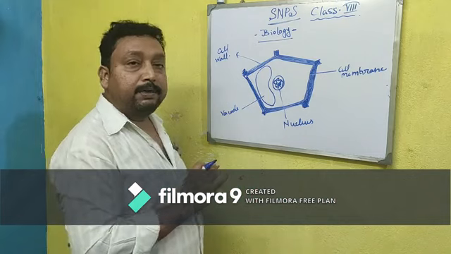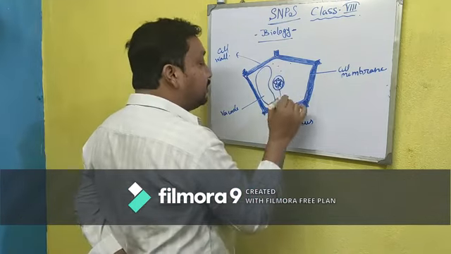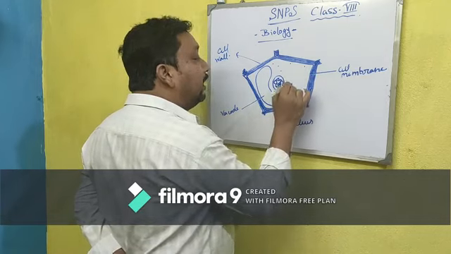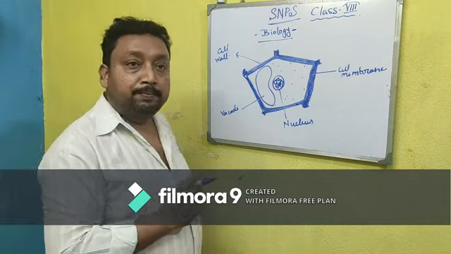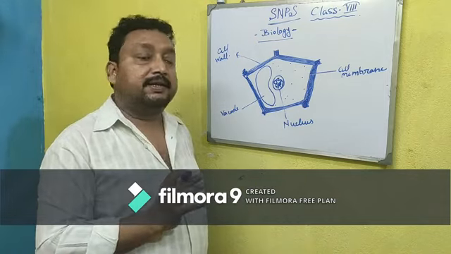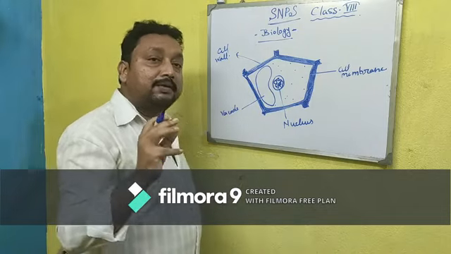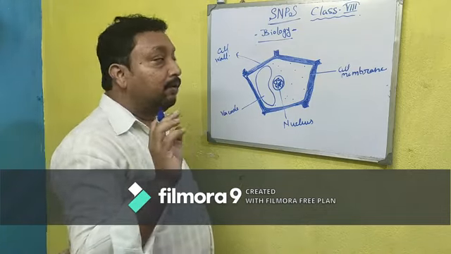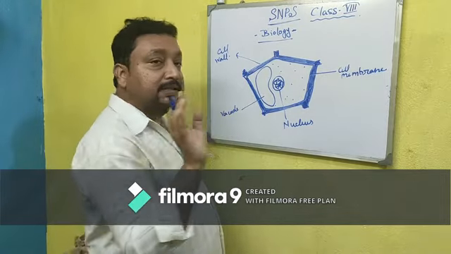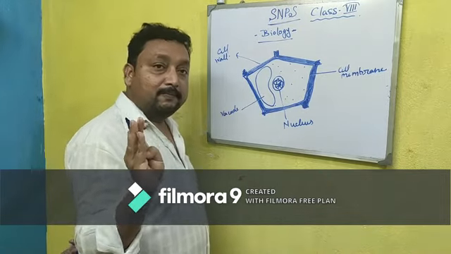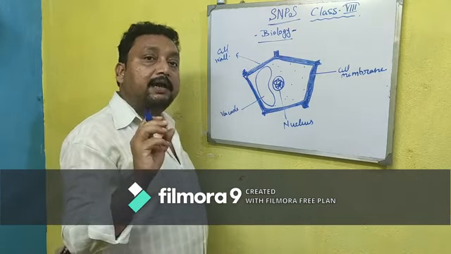Cytoplasm has three basic parts. What are the organic and inorganic substances? Like different kinds of ions, protein bodies, fat bodies, etc. And the cell organelles and matrix. So the cytoplasm has three basic parts: matrix, organic and inorganic substances, and cell organelles.